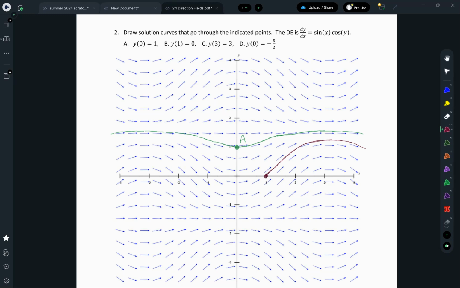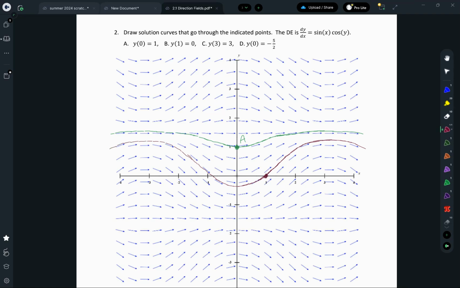And then to the left, it looks like our slope is leveling off to near zero. But then it is picking up again. Now we have a negative slope. And then it's leveling off to zero again and going towards a positive slope.